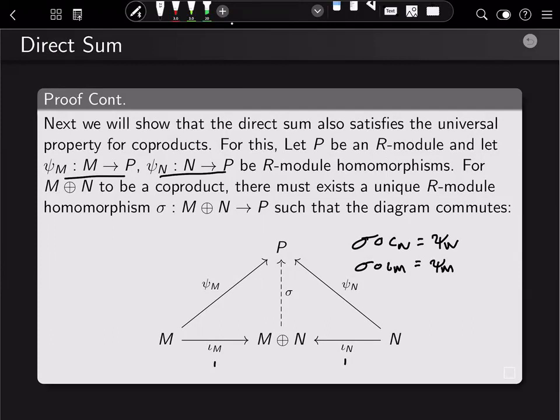Now the definition for sigma in this case is a little less intuitive, and it comes from the definition of sigma when we talk about the coproduct in the category of abelian groups. We're going to be taking advantage of the abelian nature of our underlying groups in the definition of sigma, which is why this will not work as a definition for coproduct in general groups.